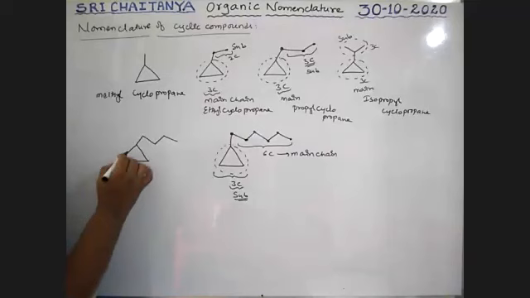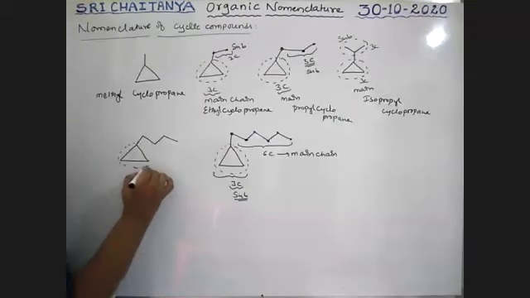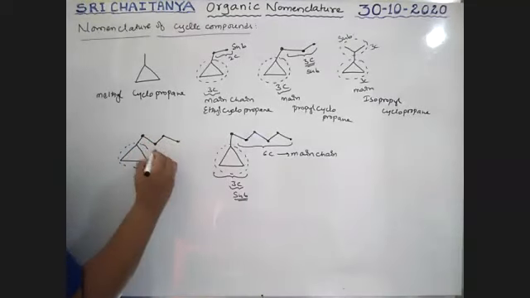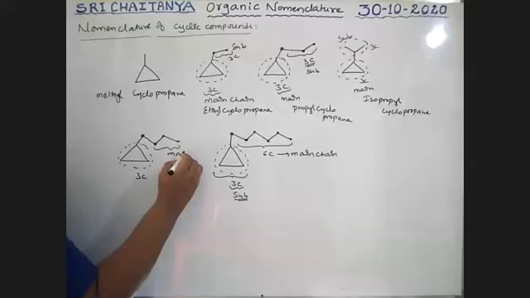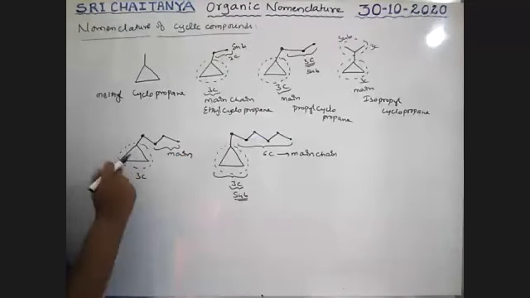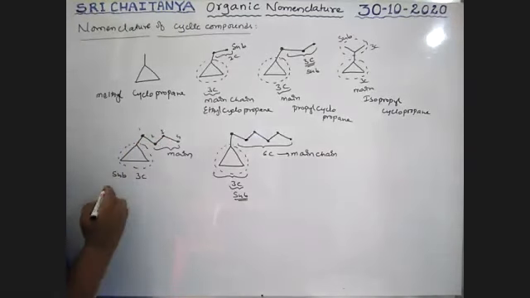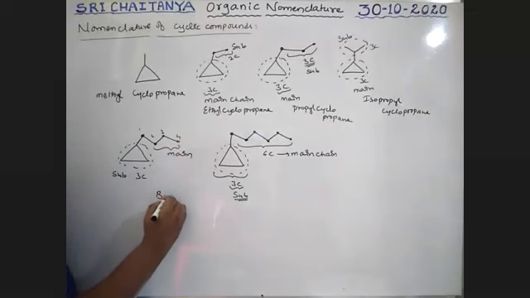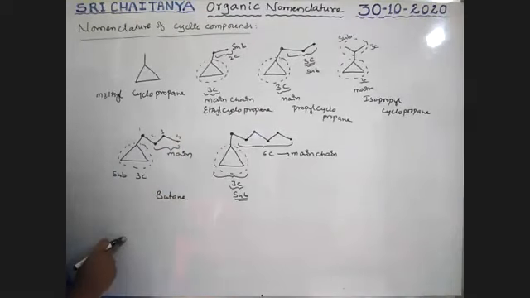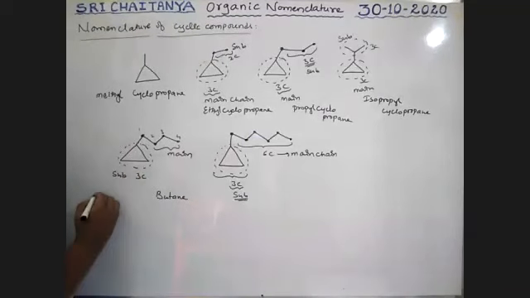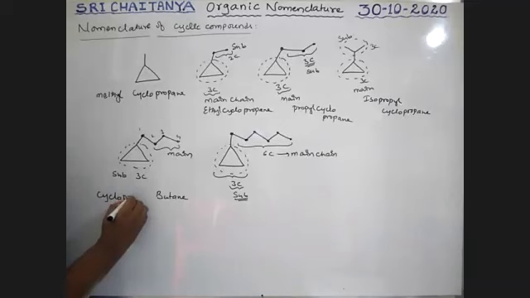See here, here it is a 3 carbon ring and a chain of 1, 2, 3, 4 carbons. The 4 carbon open chain is the main chain, therefore butane. The cyclopropane acts as the substituent, therefore cyclopropyl is used: cyclopropyl butane.